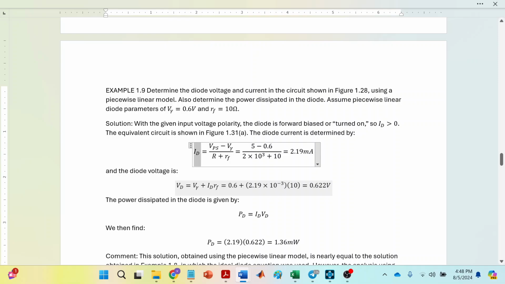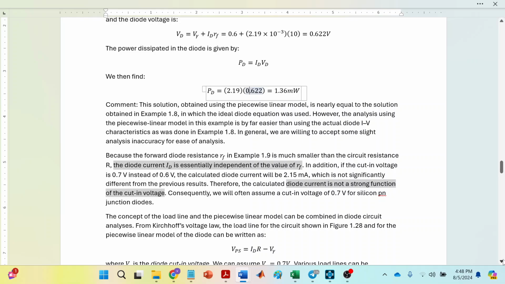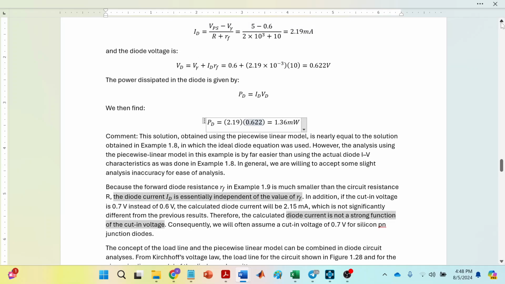And we are also asked to calculate the power. So the power is equal to IV, which is the diode current multiplied by the diode voltage, which is 1.36 milliamp. So this is the piecewise linear model, and as you can see, it's a very straightforward model compared to the trial and error and the graphical method, because we don't really need to plot.